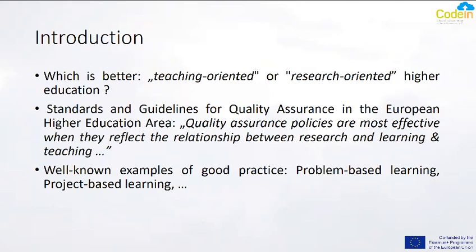Such an approach is recognized in the newer version of the standards and guidelines for quality assurance in the European higher education area, emphasizing that quality assurance policies are most effective when they reflect the relationship between research and learning and teaching.